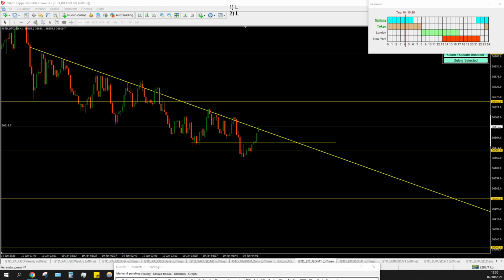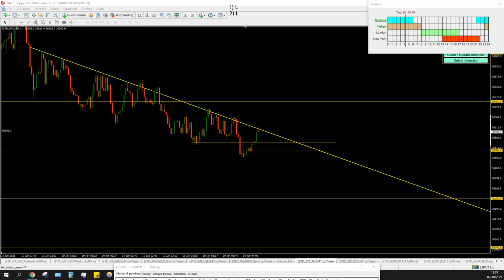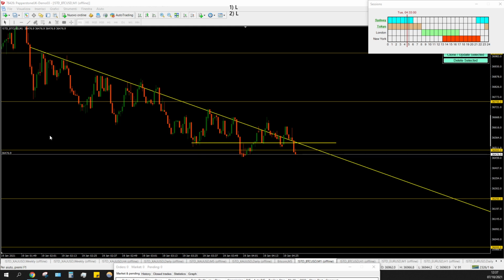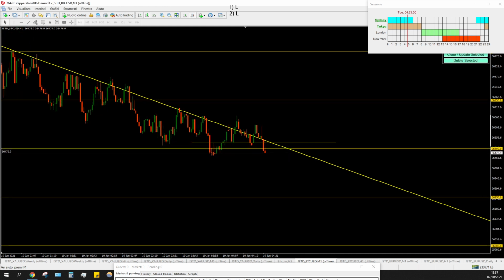So actually the opposite. Okay. And we are in a ranging market. We are going now back below here. Still no confirmation of price trending.